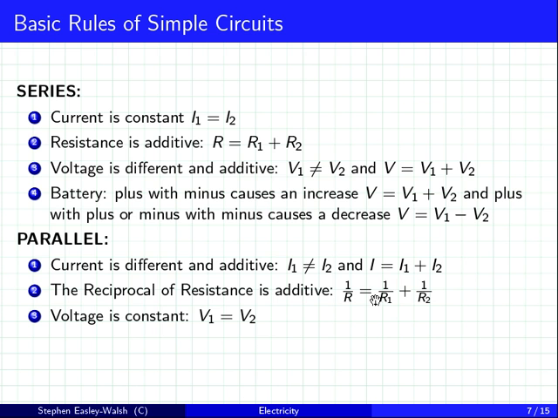Where did we see something like this before? The spring. And believe it or not, we're not finished with this. We'll see a formula like this again. It's kind of a common thing in physics, this reciprocal.